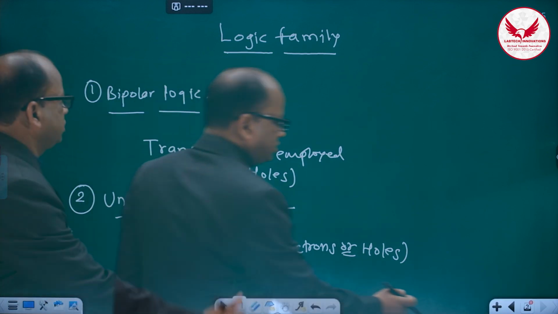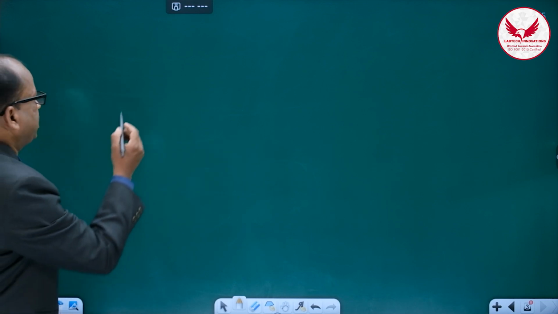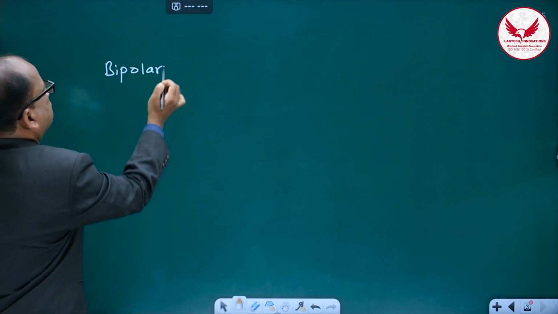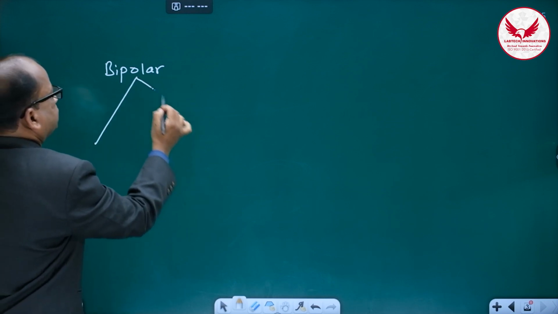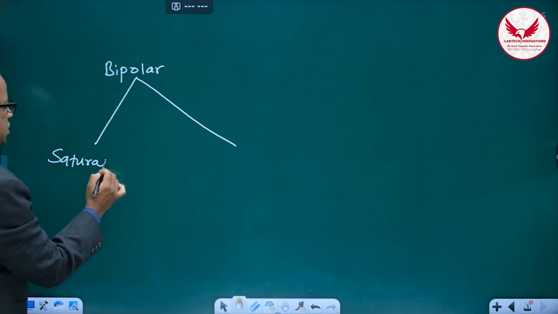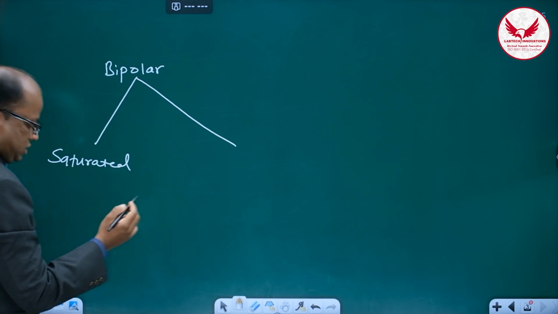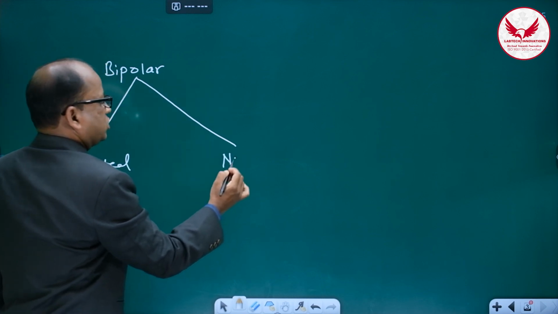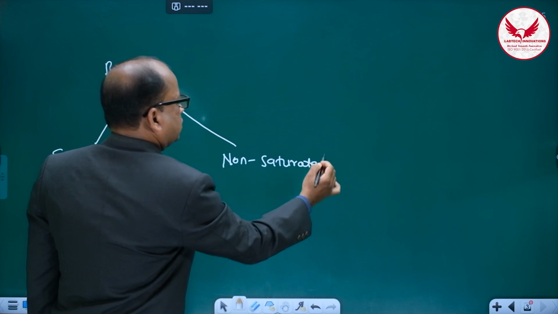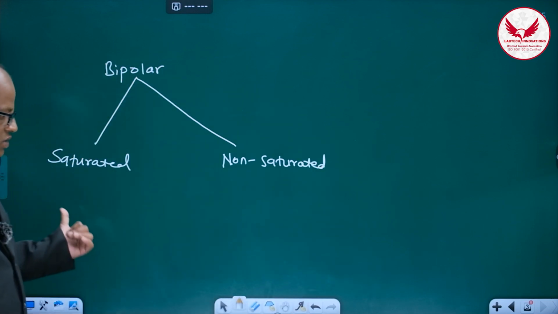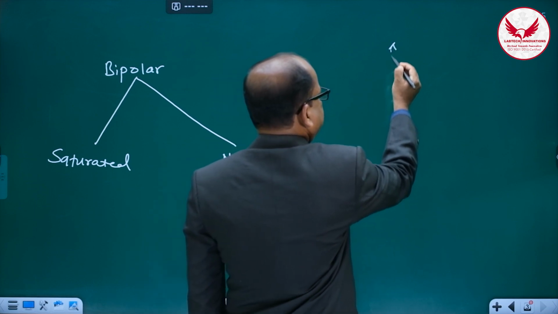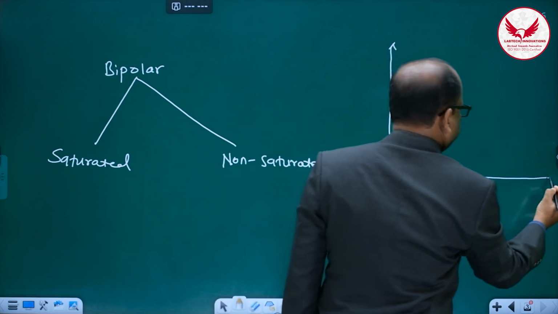Now the bipolar logic family is divided into subtypes: saturated and non-saturated. What does this mean, saturated and non-saturated? We know the characteristics of the transistor.